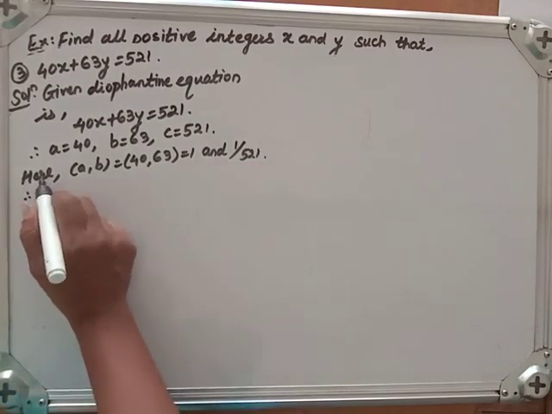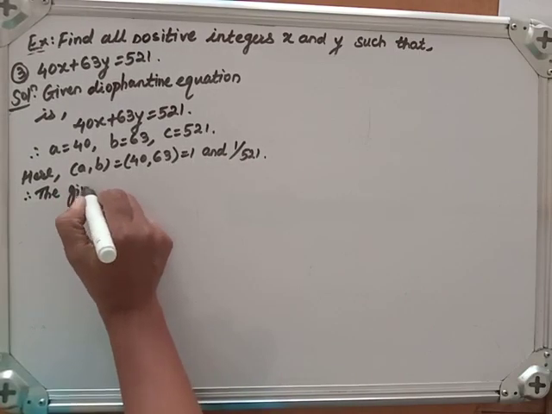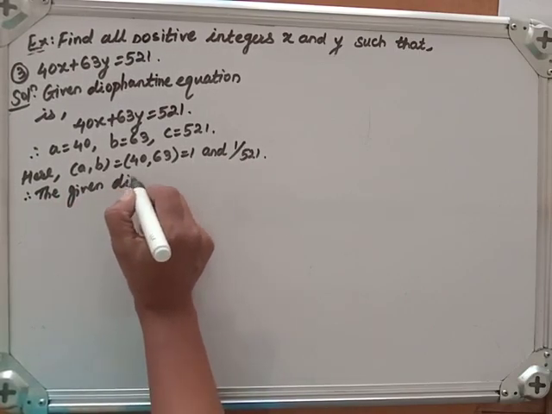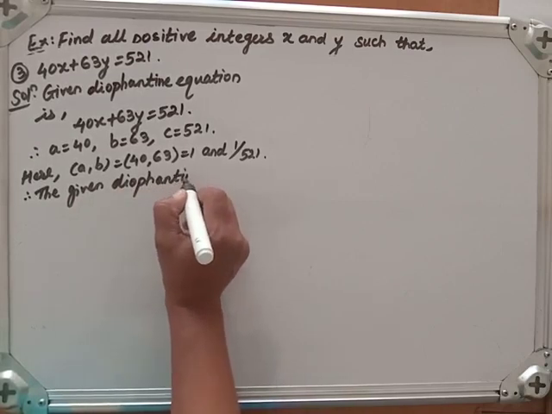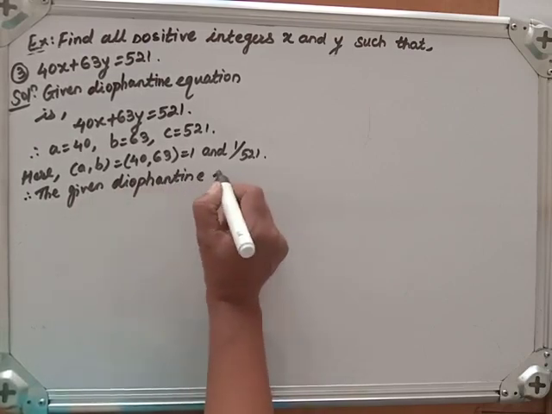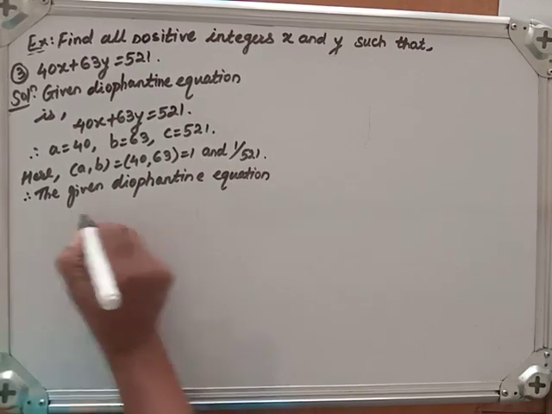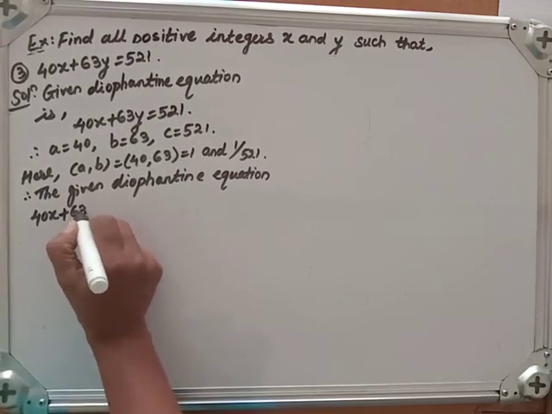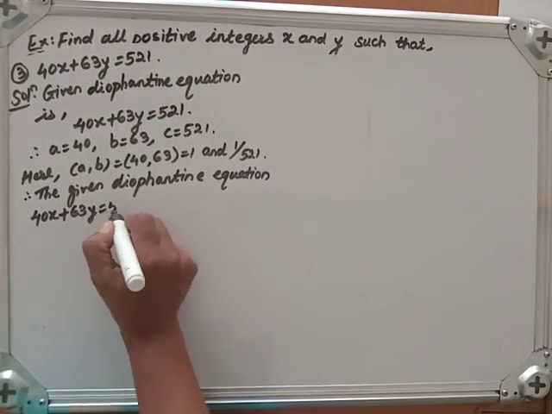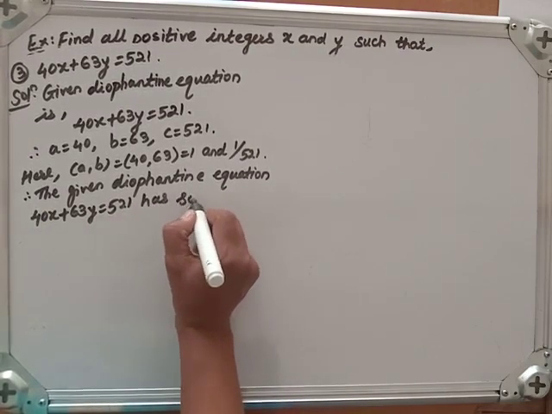Therefore, the given Diophantine equation 40x plus 63y is equal to 521 has a solution.